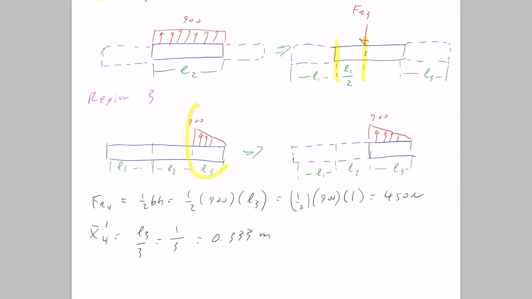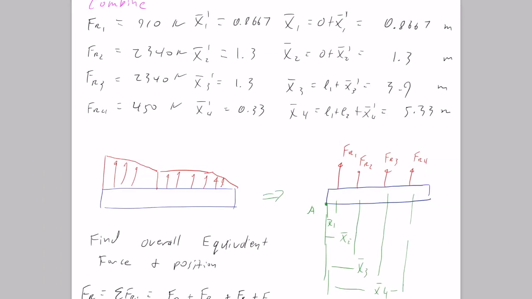So region 3, I'm just going to focus on this other end, okay? And our equivalent load is 1/2 WL3. So that's 450 newtons, and our x bar prime is, of course, L3 over 3, and it's right here. Okay. So now I've collected this data again in a nice little table, and then in this third column right here, I'm taking all of our x bar primes, remember, because I had a local coordinate system for each distributed load, and I'm shifting it to a global coordinate system, right, where this is 0.